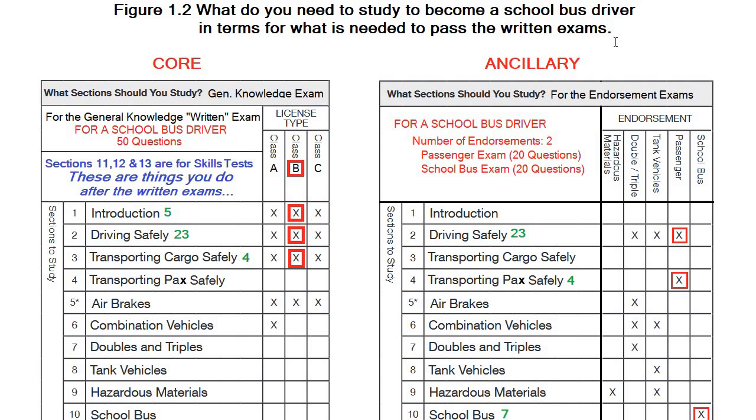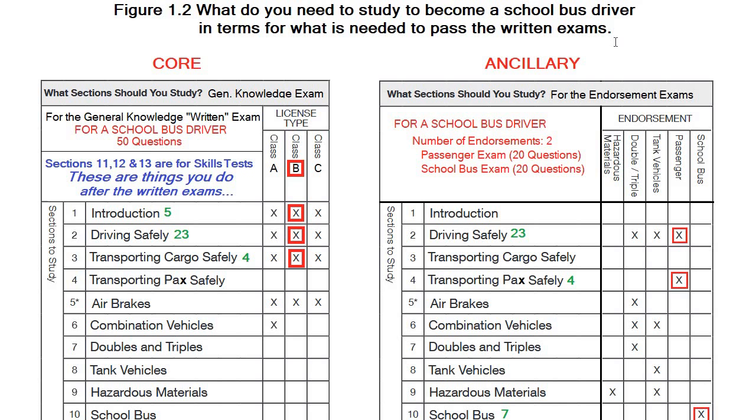The skills tests are things that you actually do. These are actions that you perform. They don't require that you give a correct answer. You have to demonstrate your knowledge. So there's no writing involved, and there's no computers. You go and you show them.